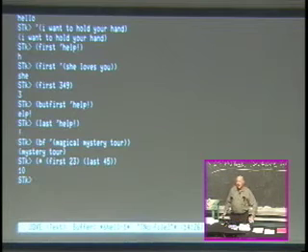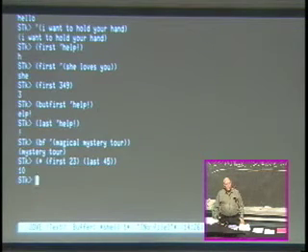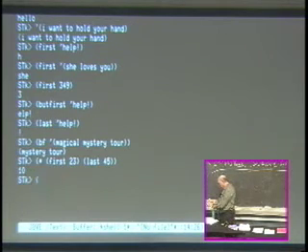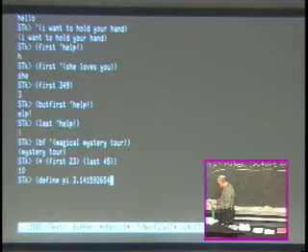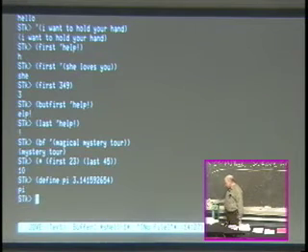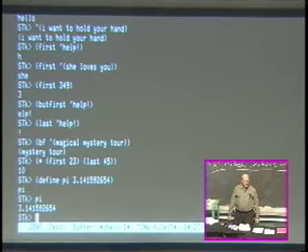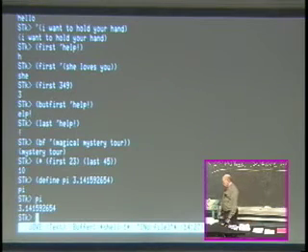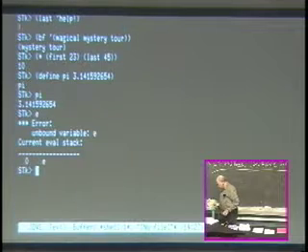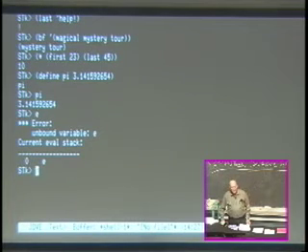So the big thing I told you that was missing was being able to define stuff of your own. And let's start by saying define pi 3.141592654. So now if I say pi, it tells me what pi is. If I want to know what e is, I get an error message because I haven't told it about e yet.